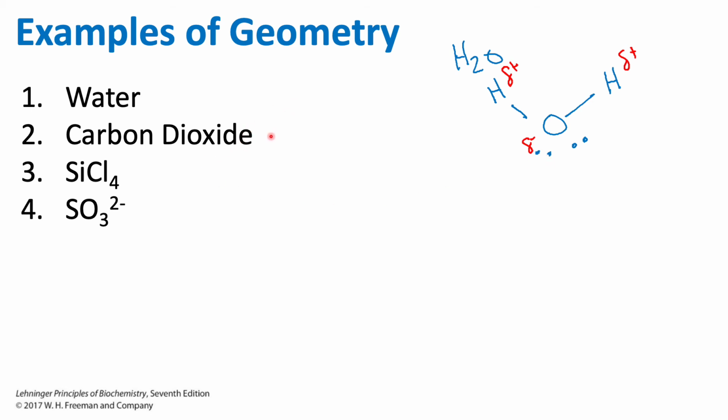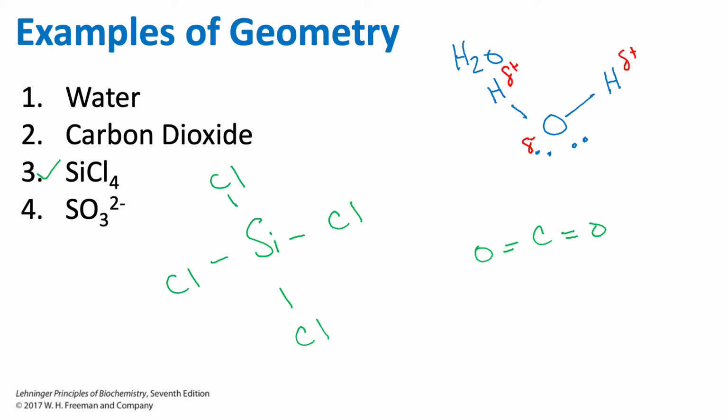Carbon dioxide is nonpolar. It is nonpolar because of its geometry. So carbon dioxide, since it looks like this, is nonpolar. Now, this third example, we have a central silicon atom bound to 4 chlorines.